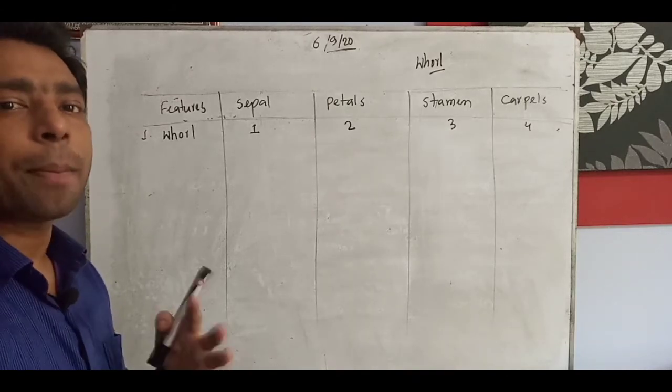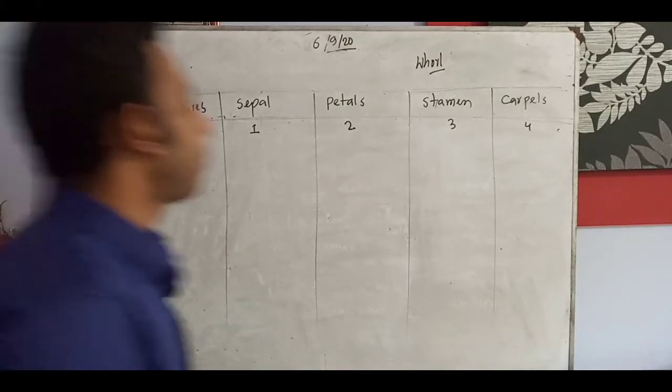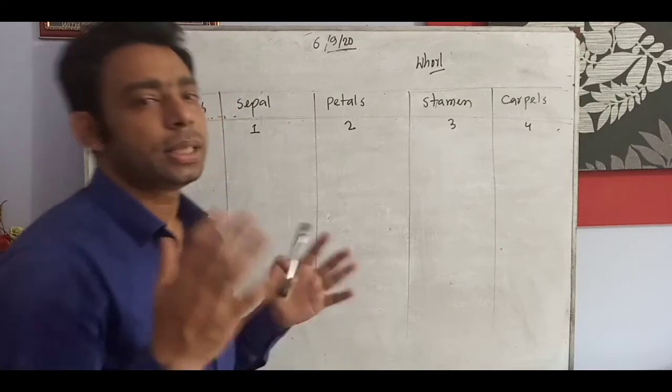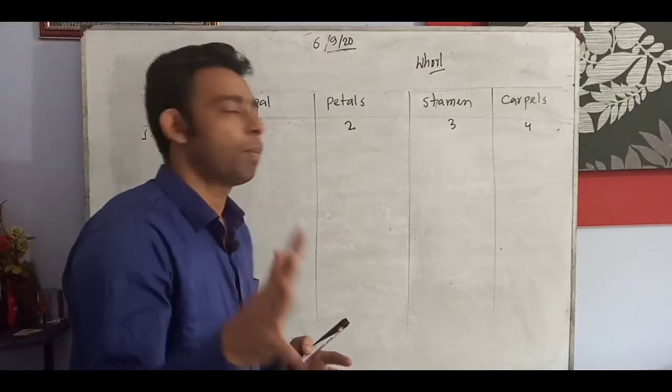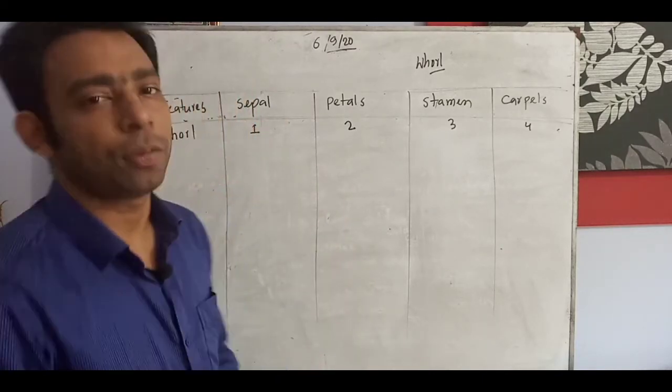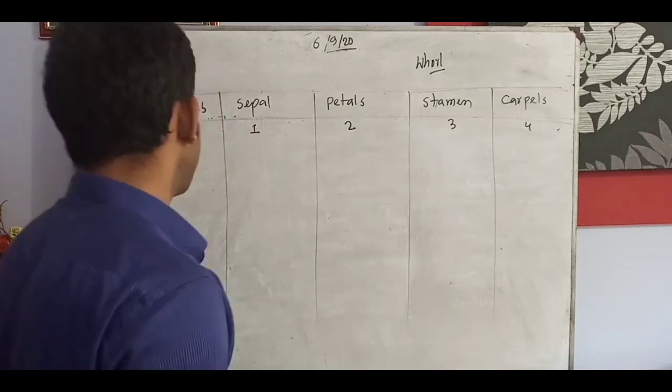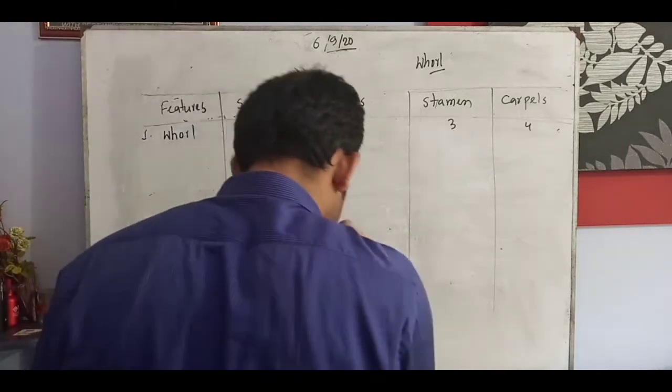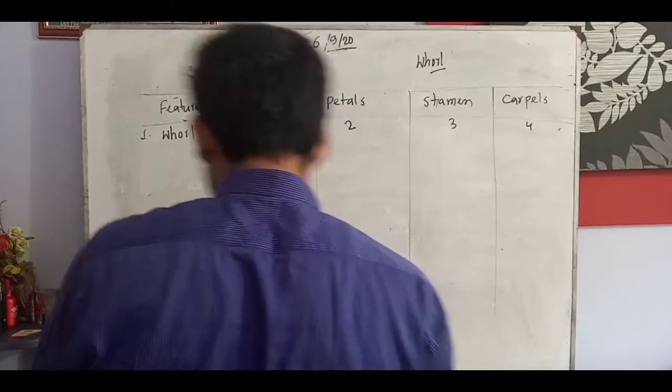So don't panic about this type of problem, okay? Just keep it in mind: 5 important parts for a complete flower, but 4 whorls of a complete flower, with the receptacle not counted as a whorl. Yes, the first one we can see.